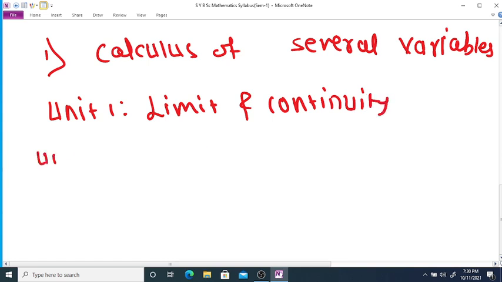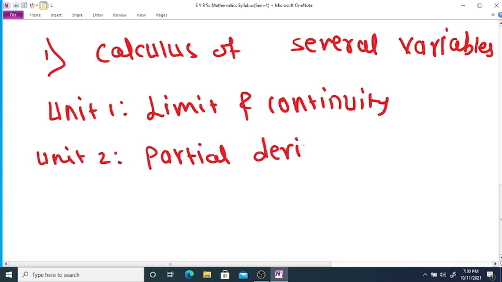Unit 2, partial derivative and differentiability.